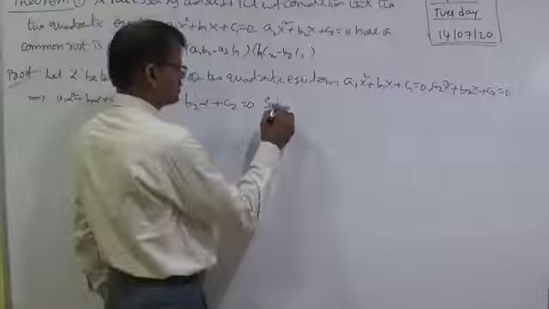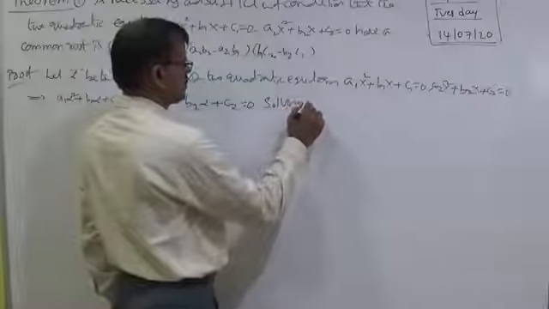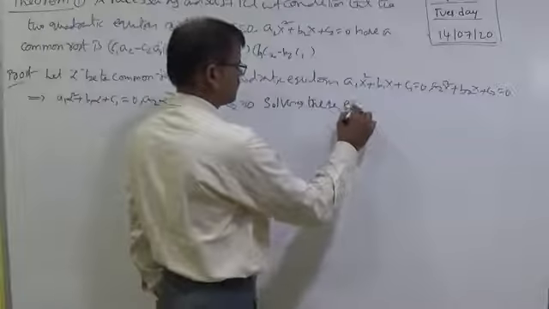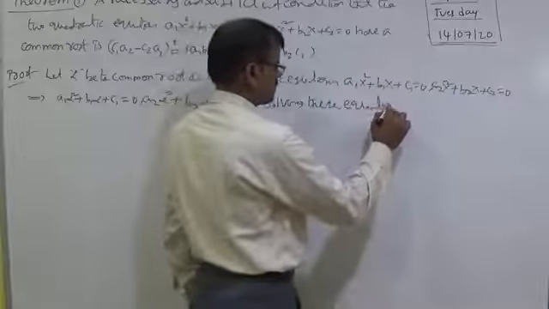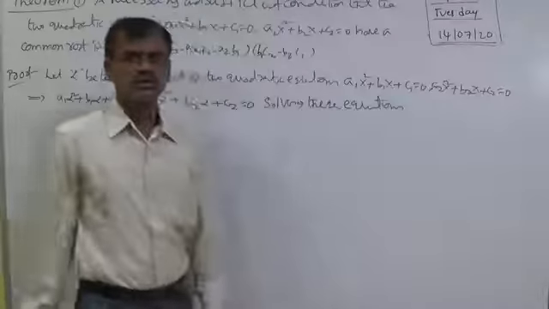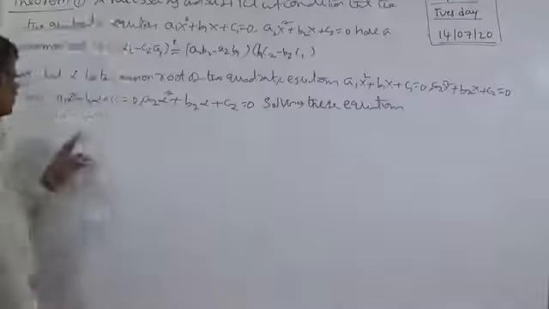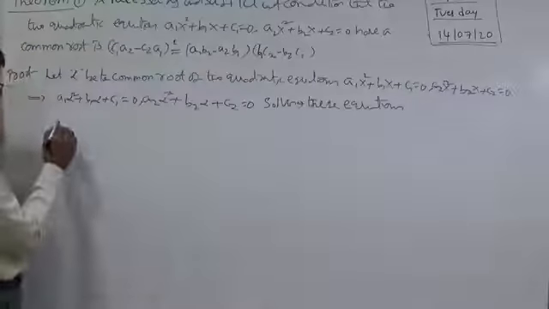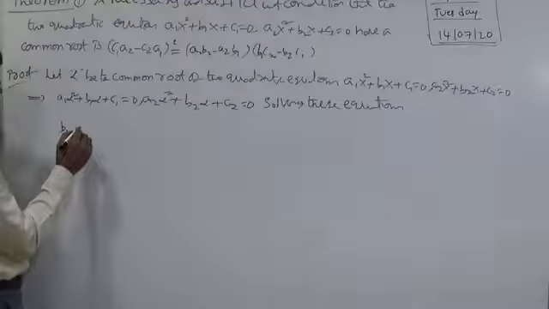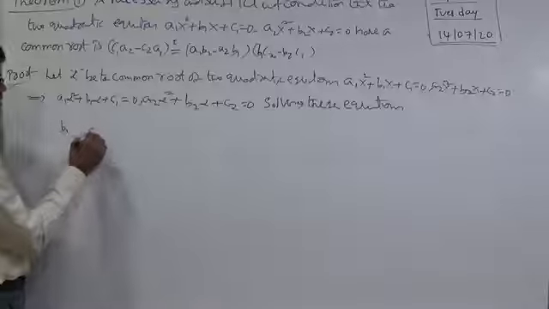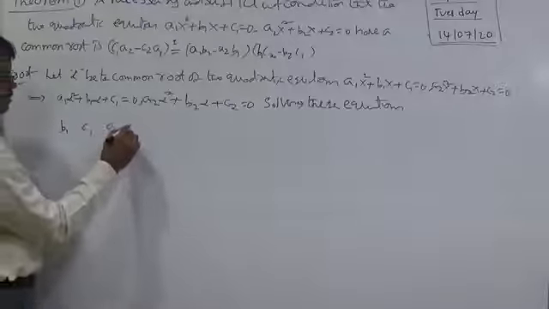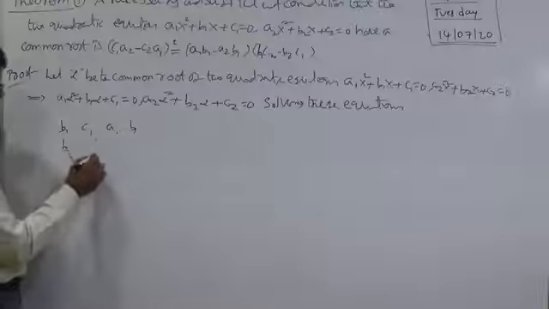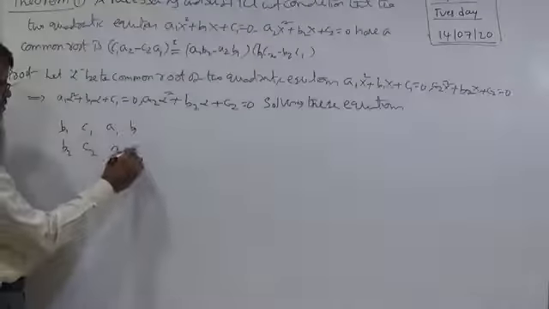Now I am solving these two equations. Let us solve by using the cross multiplication method. Here you can write b1, next c1, next a1, next b1. In the same way, this is b2, this is c2, this is a2, this is b2.